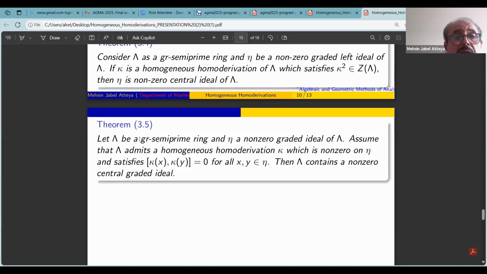Let lambda be a GR semi-prime ring and eta a non-zero graded ideal of lambda. Assume that lambda admits a homogeneous homoderivation kappa which is non-zero on eta and satisfies the bracket of kappa of x, kappa of y equals 0 for all x, y elements in eta. Then lambda, which is a semi-prime or GR semi-prime ring, contains a non-zero central graded ideal.